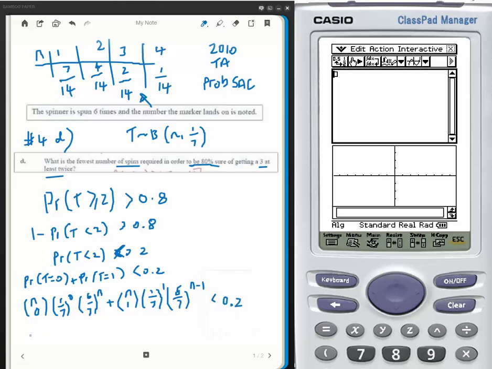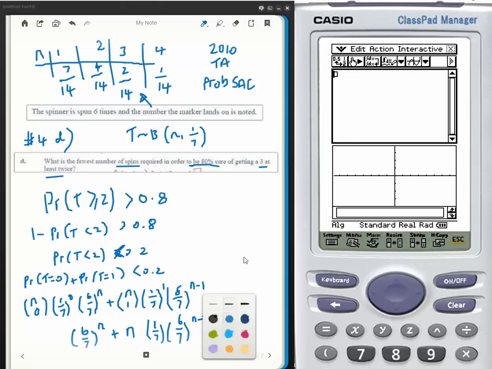That's equal to 1. So that's 6/7 to the power of n plus n times 1/7 times 6/7 to the power of n minus 1 is less than or equal to 0.2.